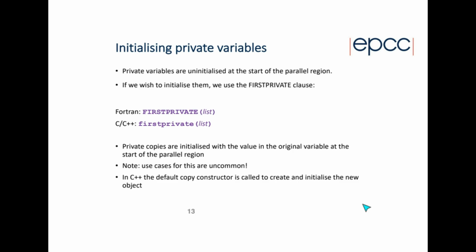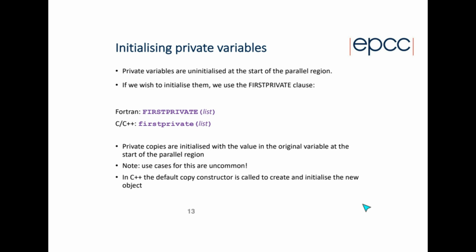Okay, so far so good. What about, is there a way to initialize private variables? The answer is yes, because standard private variables are uninitialized at the start of the parallel region.